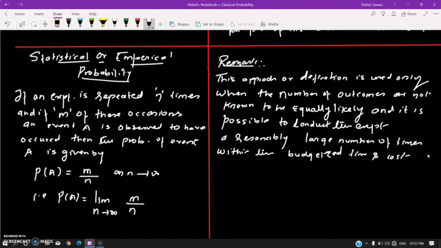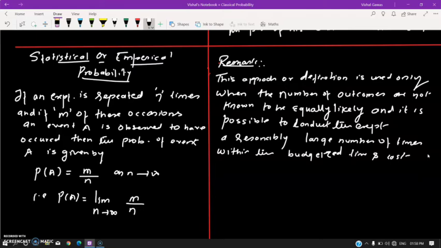Then the limiting value of the ratio of the number of times the event occurs to the number of trials, as the number of trials becomes indefinitely large, is called the probability of happening of the event. It's assumed that the limit is finite. That's the definition of statistical or empirical probability.